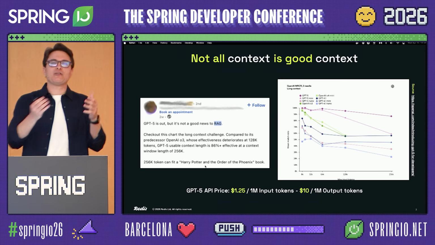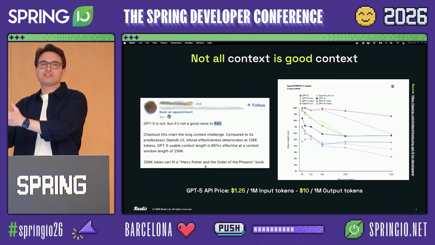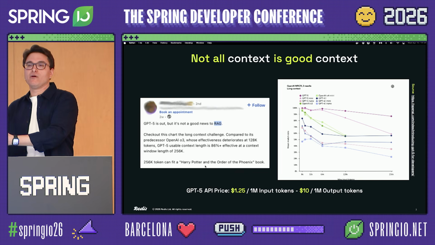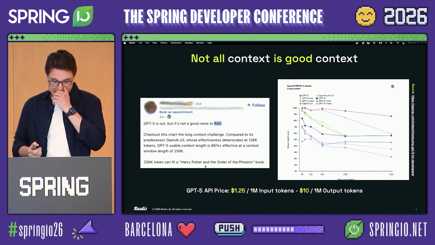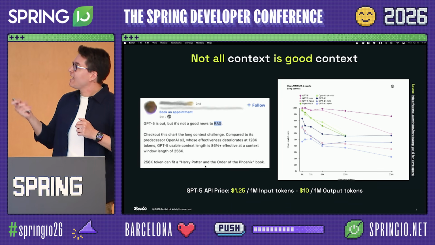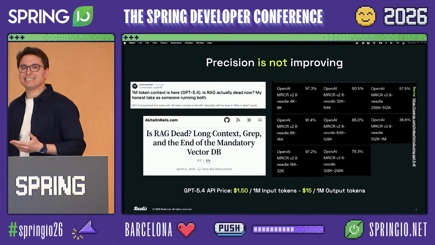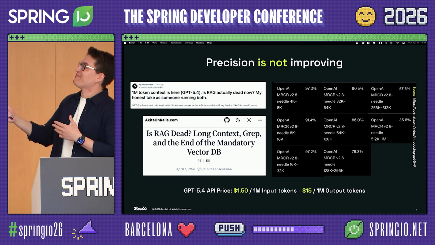And it's not only that information that you need to stuff in the prompt, but also previous messages, tools that your model should call, and other information that is important for the task at hand for the model to solve.